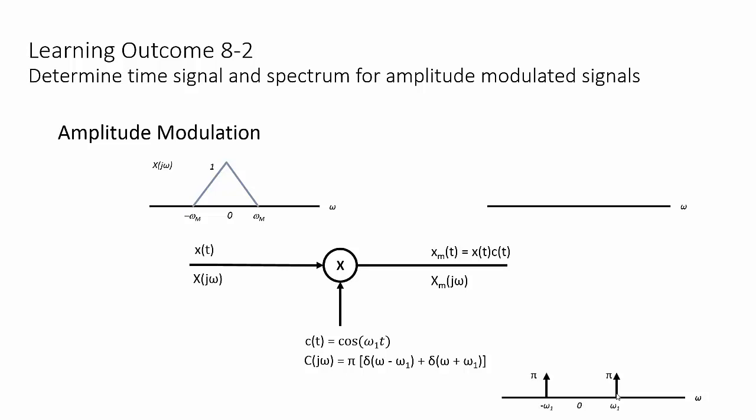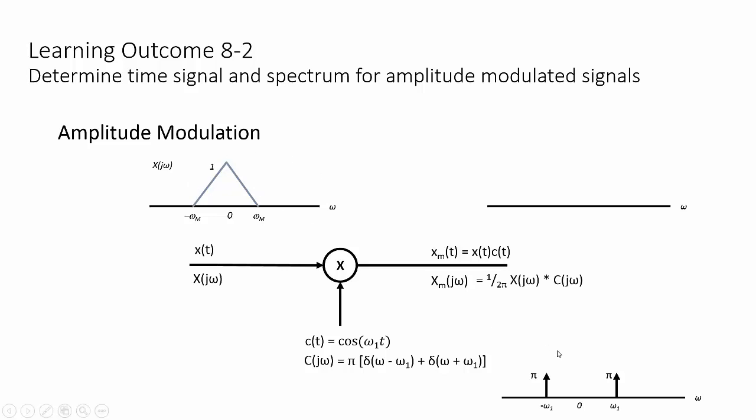Two impulses, one at omega 1, one at negative omega 1, both with an area of pi. Area because this is continuous. So these are arrows and the amplitude is infinity, but the area is pi. Now if we multiply these in the time domain, what are we doing in the frequency domain? 1 over 2 pi convolution.